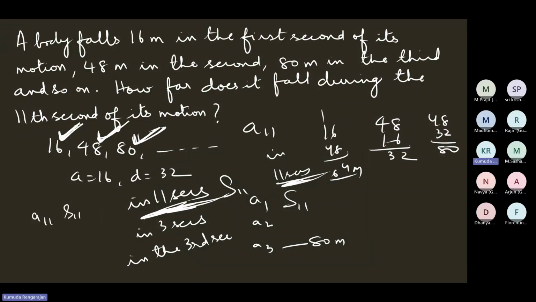Okay, children, fine. I have a bunch of questions on applications of arithmetic progressions. Applications are very simple, but we need to differentiate if it is A7 or S7. Sometimes when we understand incorrectly, we continue to feel that is correct.